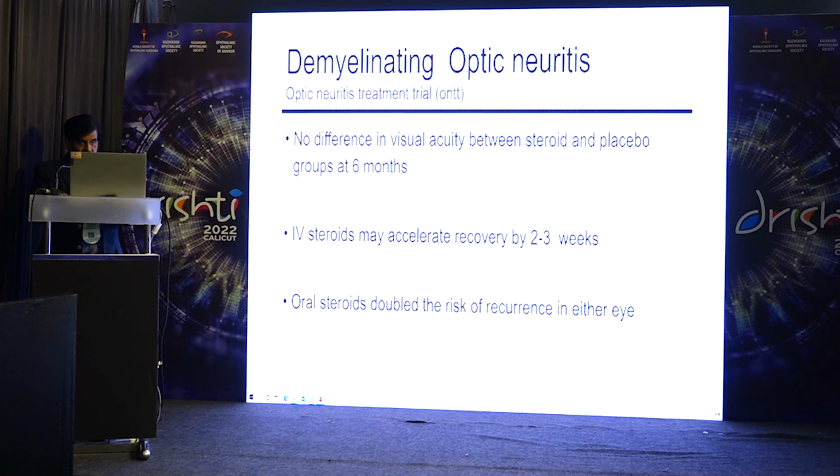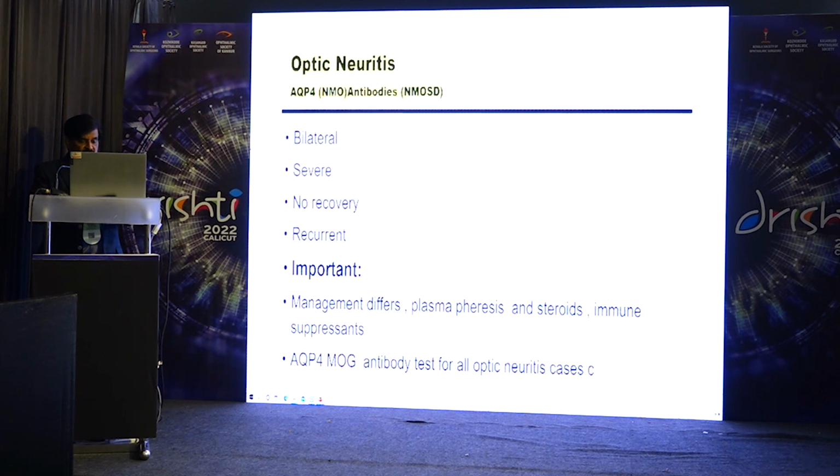I am not repeating those things that are ONTT and also well known. I am worried about the 2 new sets of optic neuritis associated with serum antibodies. One is the AQP4 antibody, which is associated with NMO and NMO spectrum disorders.